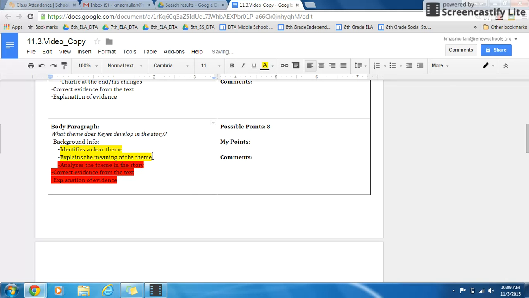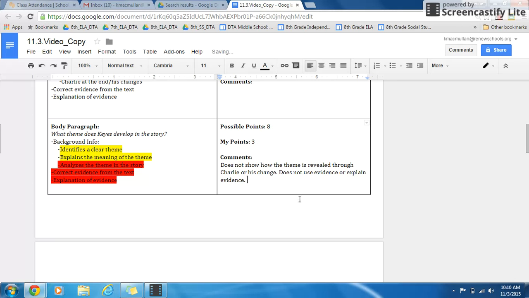So while it has a good 2 sentences, this is much too short to be a complete paragraph, and it's missing the evidence and the explanation. So at this stage, I would probably give this a 3 out of an 8 because it does not show how the theme is revealed through Charlie or his change, does not use evidence or explain evidence.